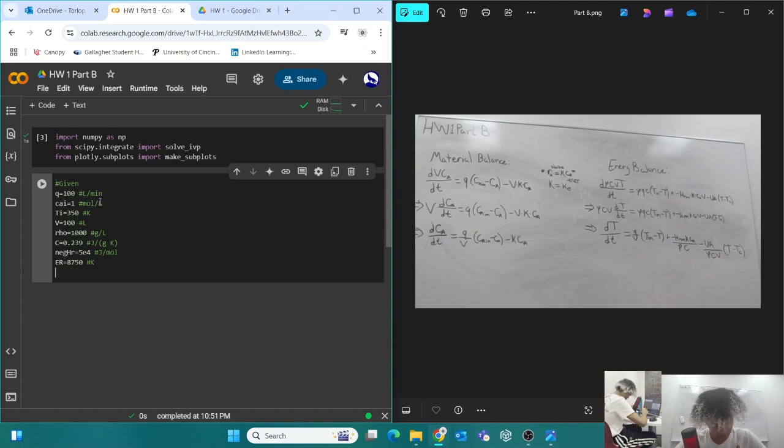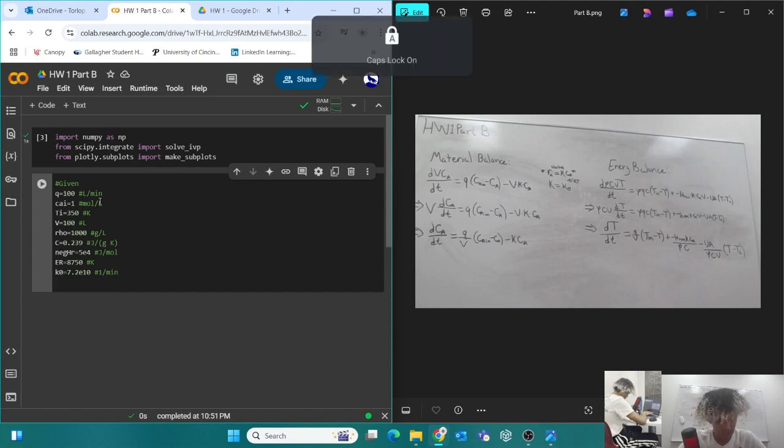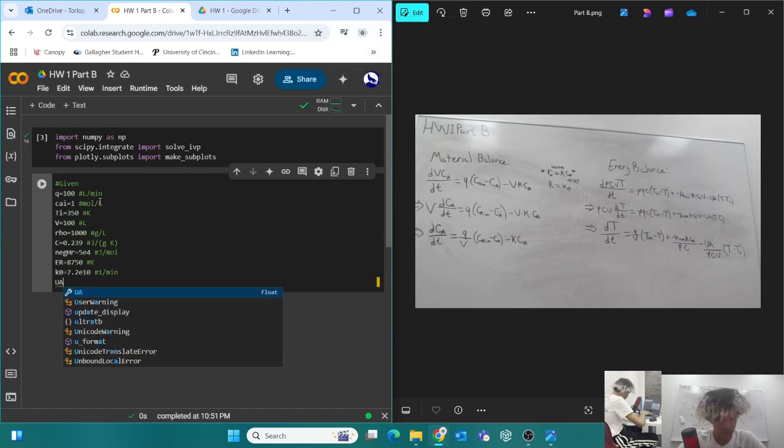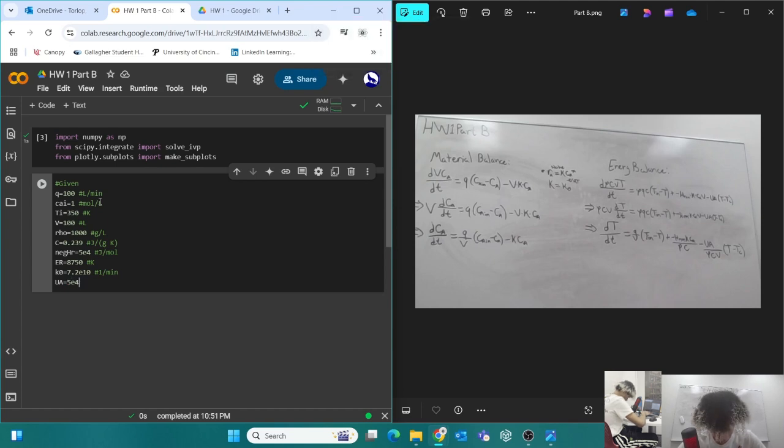So, anyway, we have K naught, which is equal to 7.2 e to the power of 10, and that is 1/minute. Then we have UA, which is equal to 5E4, which is joules over minutes times Kelvin.